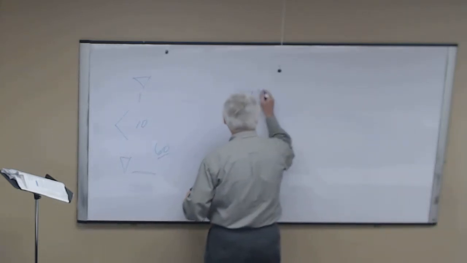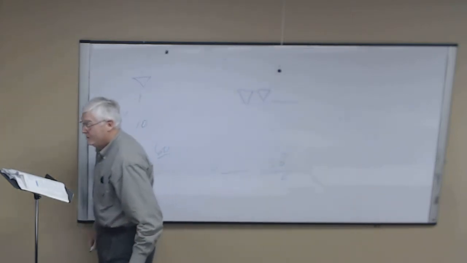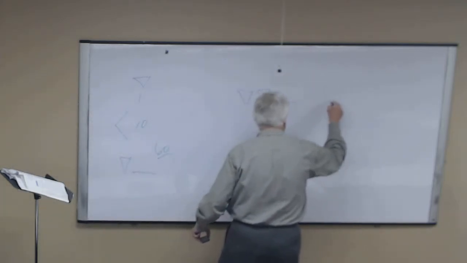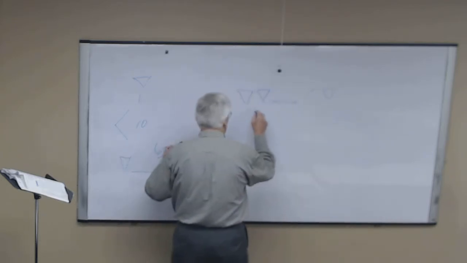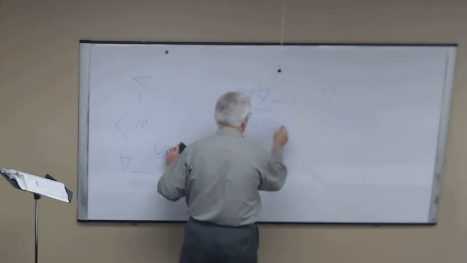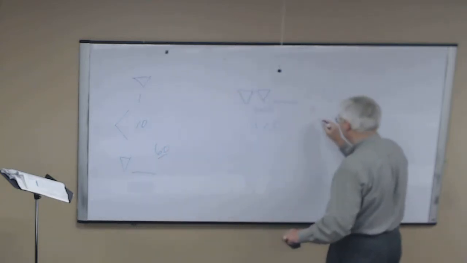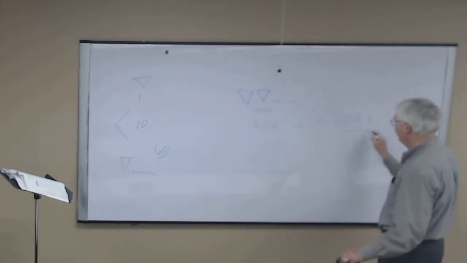Shows 2 of these little things, followed by a space, and then one of these and one of these. So this means 2 times 60, because of that space, that's 120. And this is 10, and this is 1, so that's 11. So that would be 131.